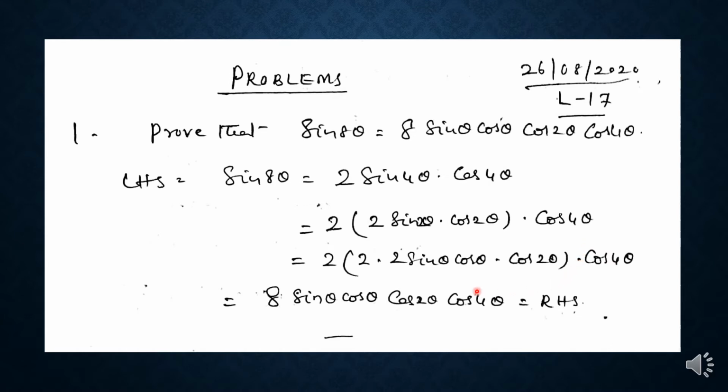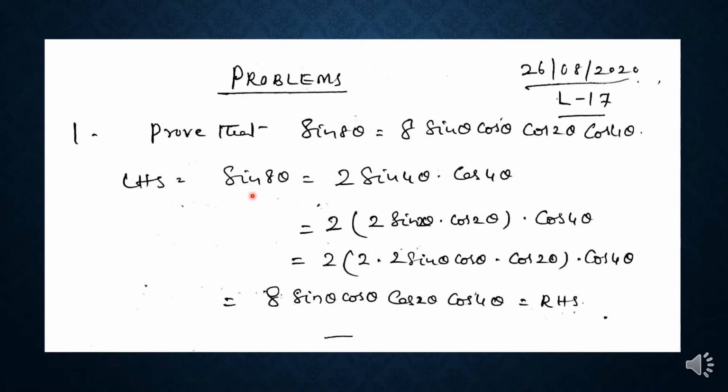Now this becomes 2 into 2 into 2, that is 8 sin theta into cos theta into cos 2 theta into cos 4 theta, which is RHS. So by using the formula sin 2a is equal to 2 sin a into cos a, we can prove this problem.